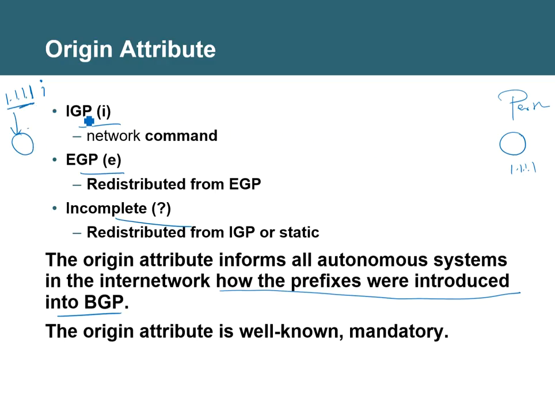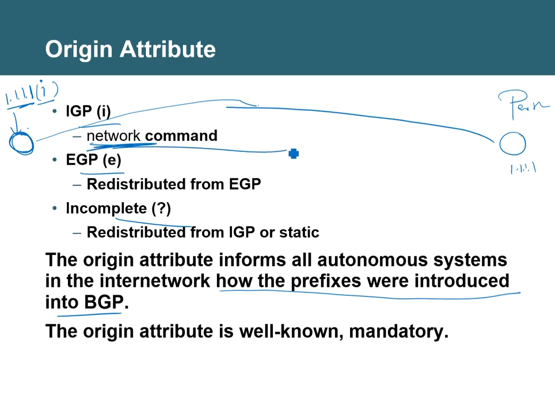Because through the advertisement, from one corner of the world to the other corner of the world, there are hundreds of autonomous systems, but they all distributed this attribute when they distributed the network. So the router in Chicago knows that this is not redistributed or coming from EGP, it is advertised using the network command inside BGP.